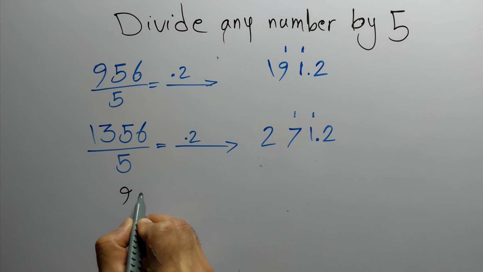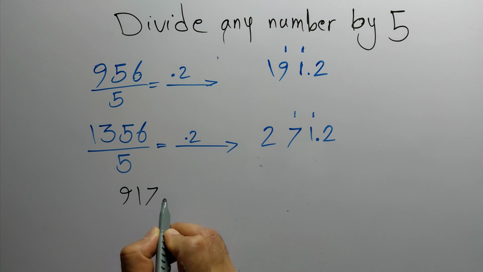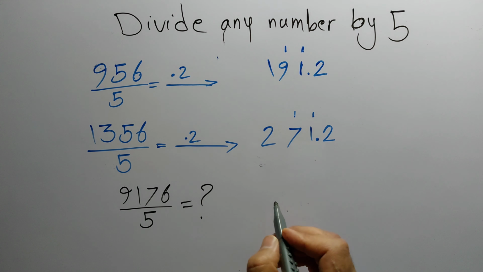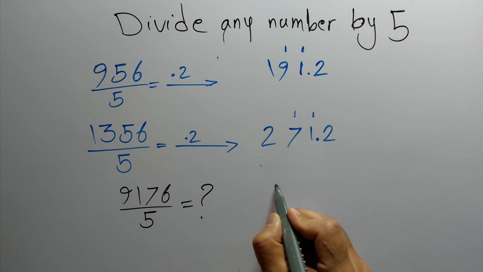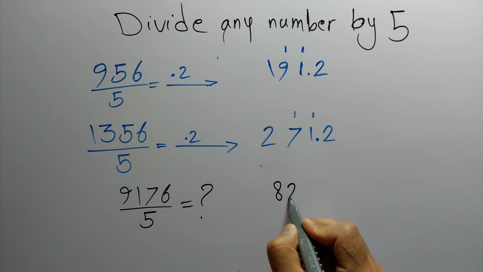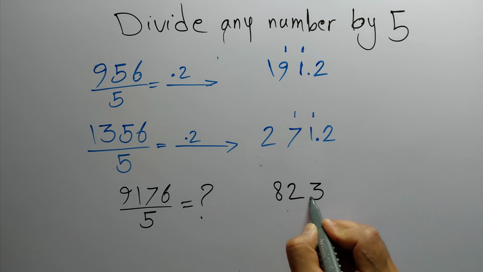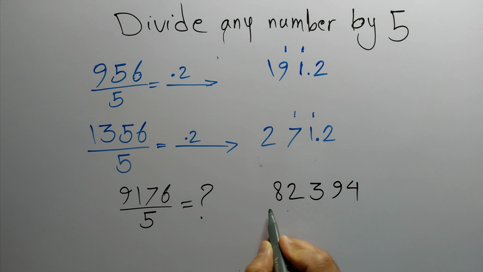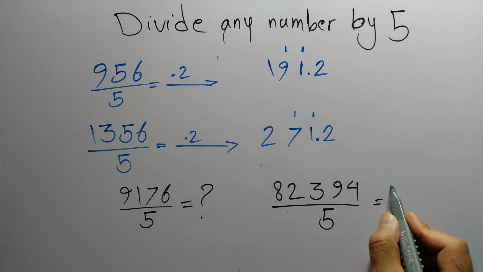So let's say 9176 divided by 5. Let's go with a bigger number. 82,394 divided by 5.